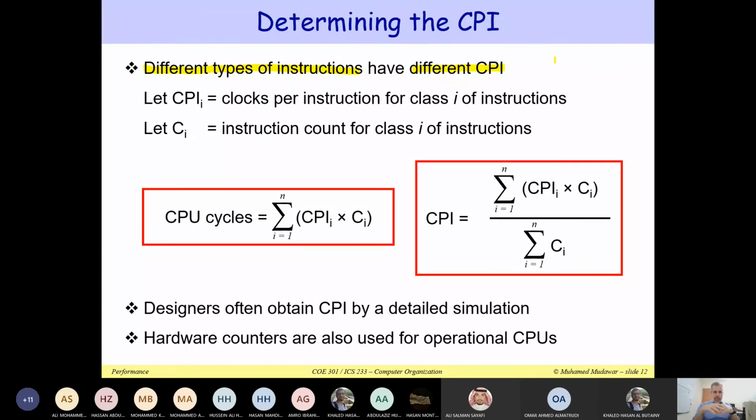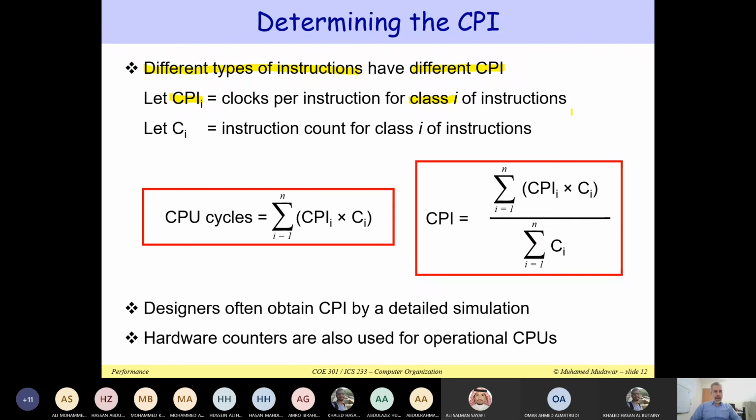Anyways, coming back here. When we talk about different types of instructions, they have different CPI. So this CPI means the clock cycles per instruction, and this can change from one instruction to another. So what we can do is define here CPI sub i, which is the number of clock cycles for class i of instructions.